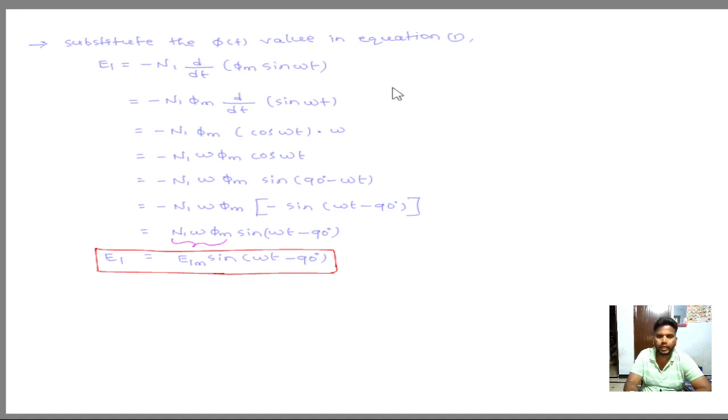Therefore, E1 is lagging flux by 90 degrees. The same flux is linking to the secondary also. Therefore, E2 also is lagging flux by 90 degrees.